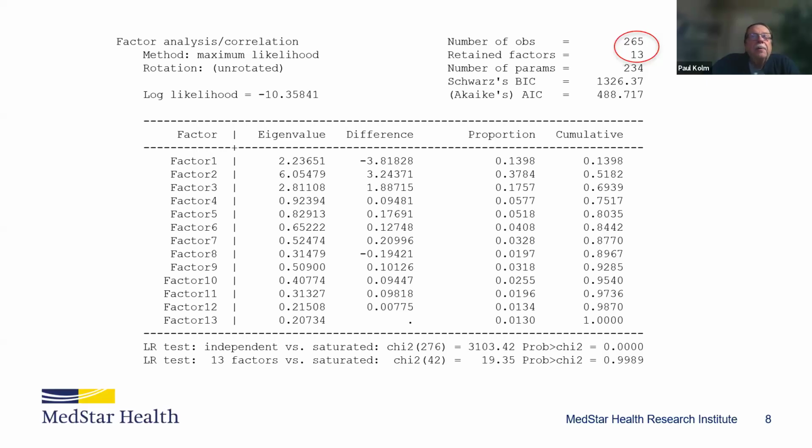We have them listed here. And you can see that for each of the 13 factors that were identified, we have eigenvalues. And you can see that the first 3 factors have the highest eigenvalues, and they're all greater than 1.